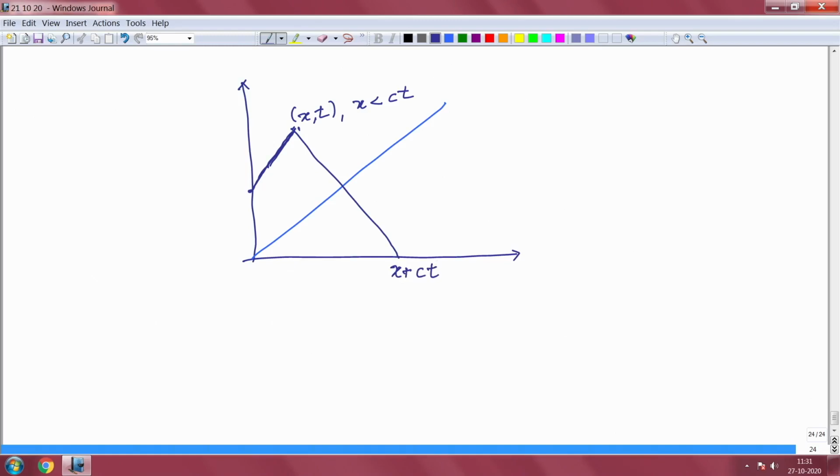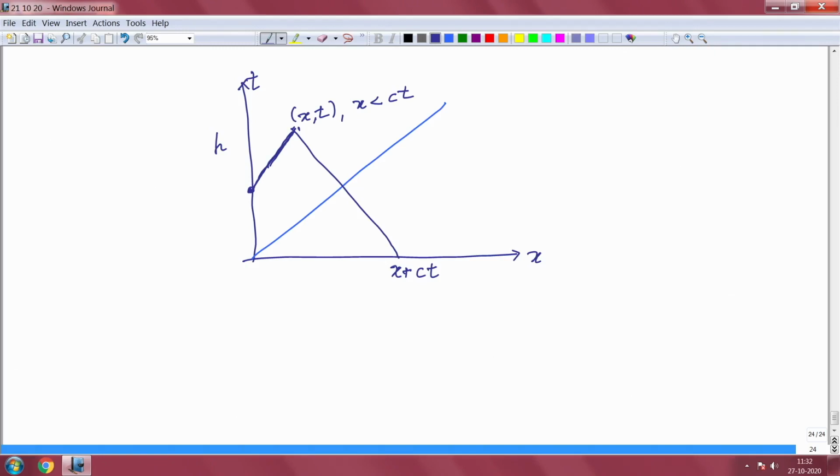But this characteristic does not meet the initial axis in the positive x axis, and here we do not have any data, but we have data here. Wherever it hits we pick up the value h there. So, this is okay, but how to incorporate this value to find the value of the solution at this x t?